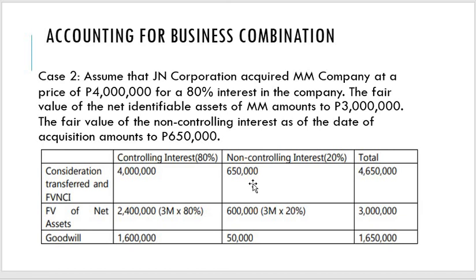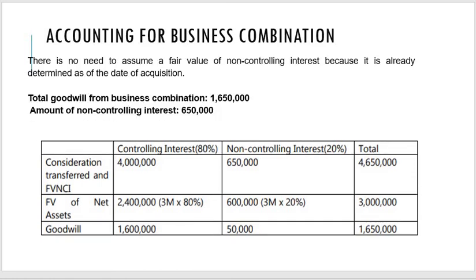So, the share of the controlling interest in the goodwill is 1.6 million and the share of NCI is 50,000. Okay? So, there is no need to assume the fair value of non-controlling interest because it is already determined as of the date of acquisition. Okay? So, it is determined at 650,000. Okay?